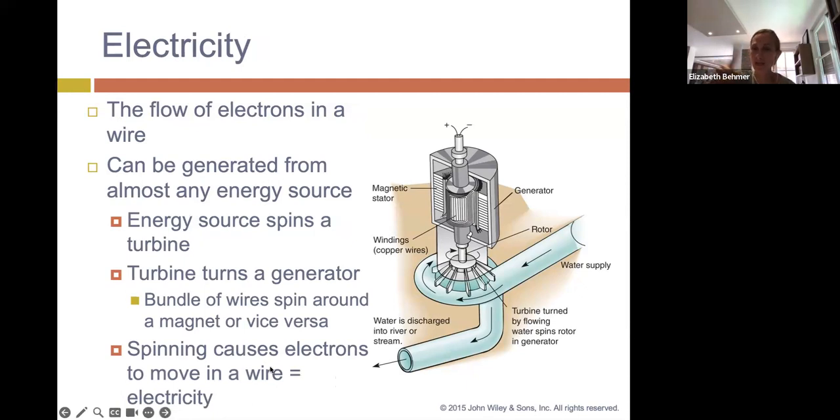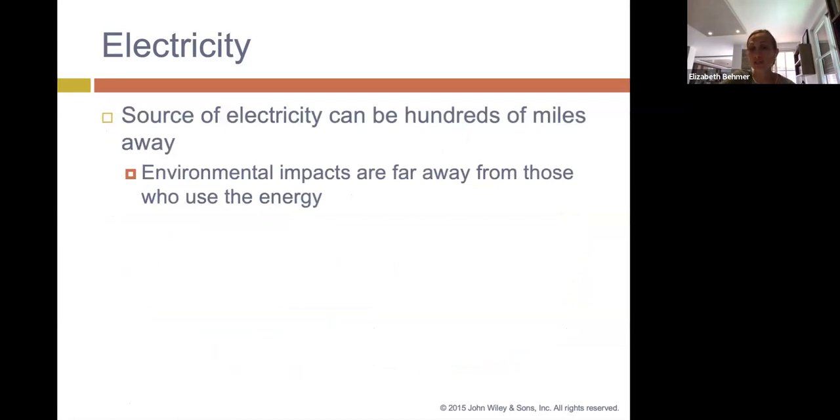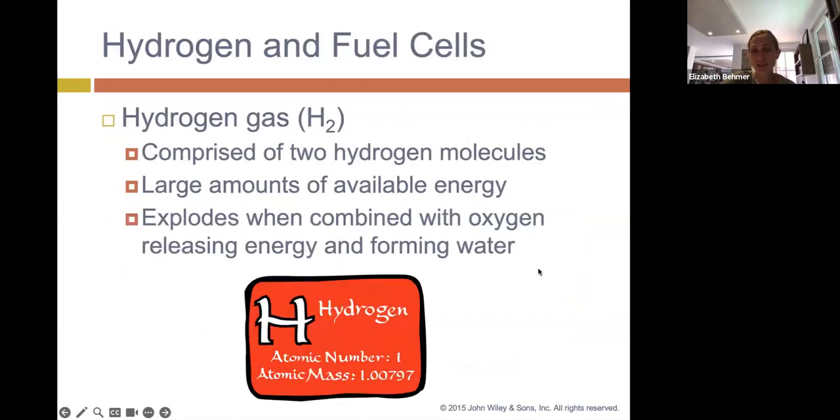And then the spinning of those wires in the generator causes electrons to move in the wire, and that is what causes electricity. So that is what electricity is. The source of electricity can be hundreds of miles away, and environmental impacts are far away from those who use electricity.